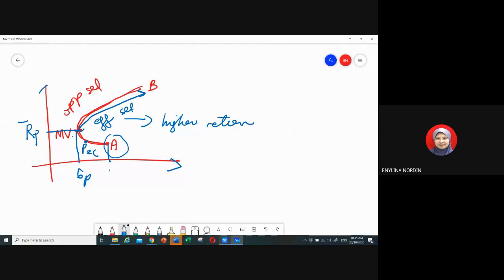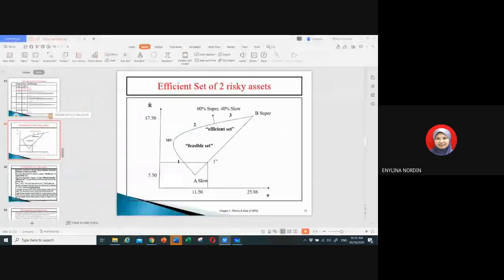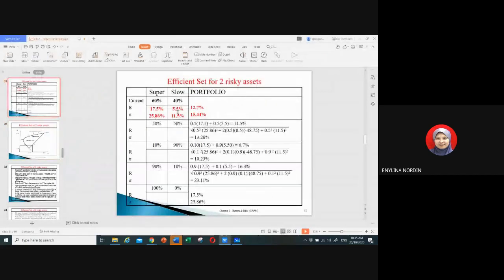Titik A here, standard deviation adalah 11.5, sorry 5.5 guys. Stock B punya return kan. Standard deviation ni 11.5.